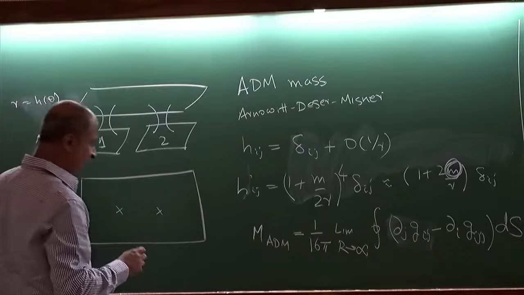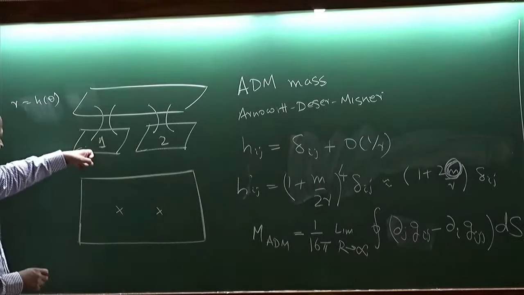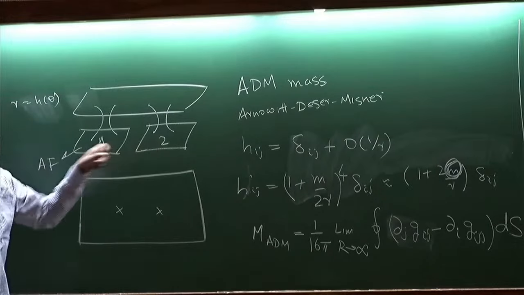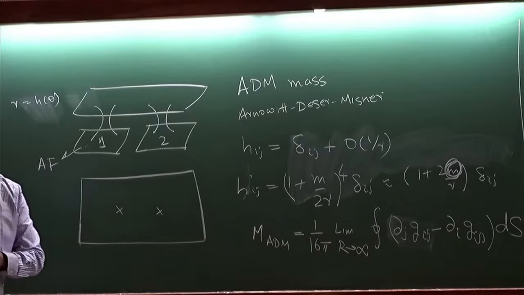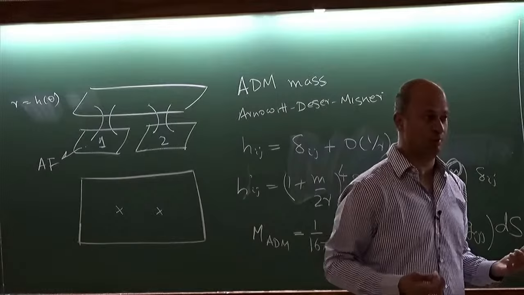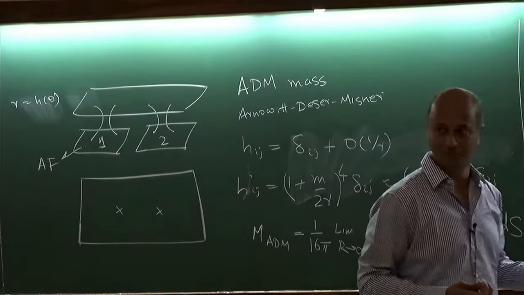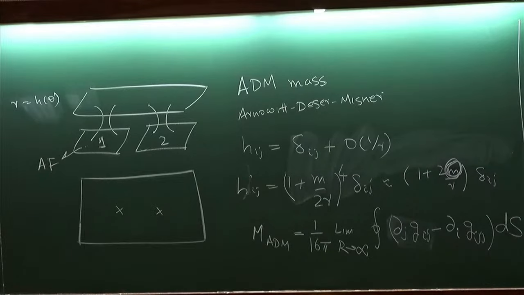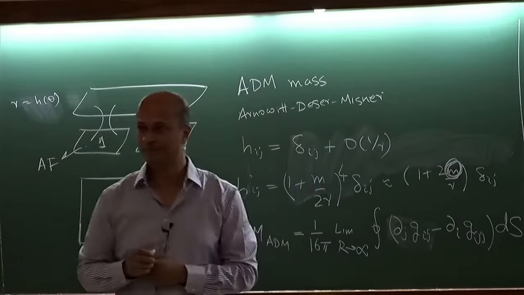So then you can define the mass of each of these black holes as the ADM mass measured at these asymptotic ends. And these do not have to be the same as M1 and M2. Okay, because as you see, there is an effect of the other black hole as well.